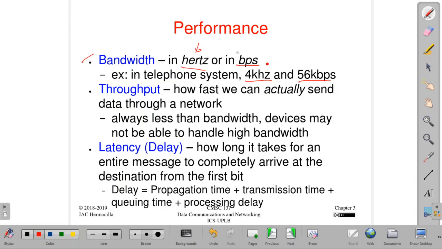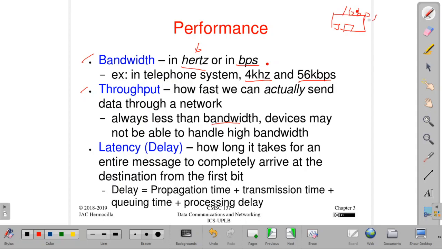The actual data that is actually sent across the network is called the throughput. Okay? So how fast we can actually send data to a network. So it's always less than the bandwidth or the data rate. And the main reason is devices may not be able to handle a high bandwidth. For example, you have a switch here, a device, and this is 1 Gbps.